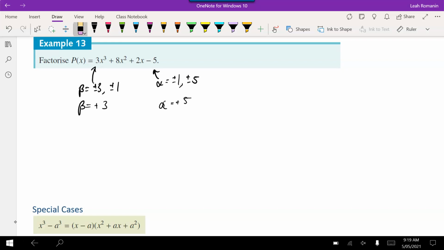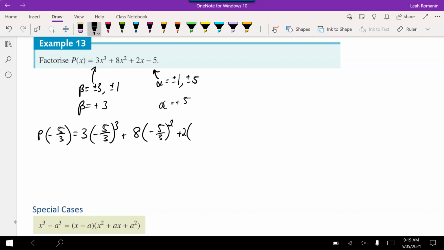So checking that by hand, p of -5/3. I'm going to substitute that into my equation. So 3 of -5/3 cubed plus 8 of -5/3 squared plus 2 times -5/3 minus 5.